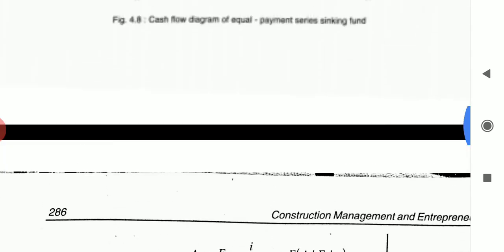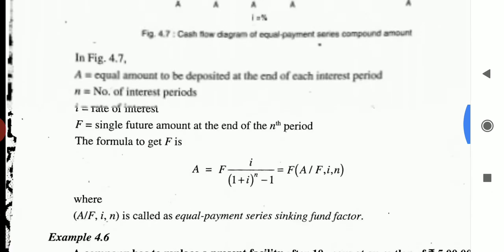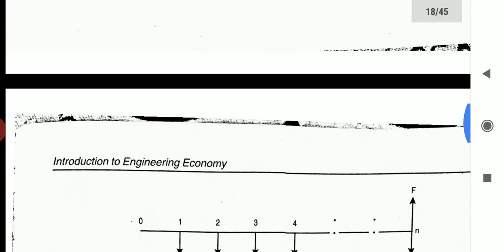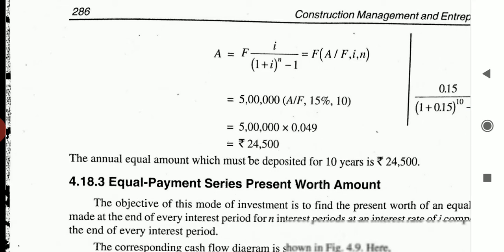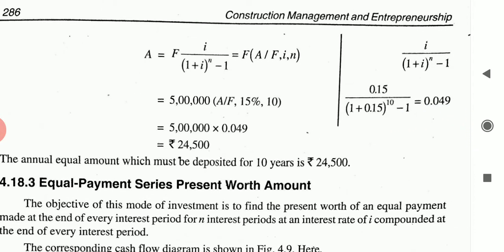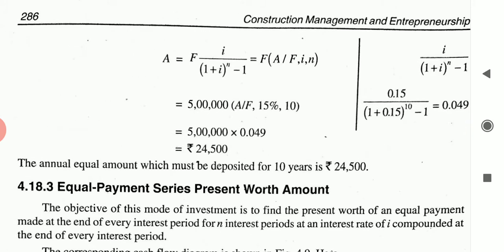So what is the formula for equal payment series sinking fund? The formula is A equal to F of I divided by (1 plus I) raised to n minus 1. Okay, I is 15%, n is 10. By using this formula, we will get the equal amount deposited.